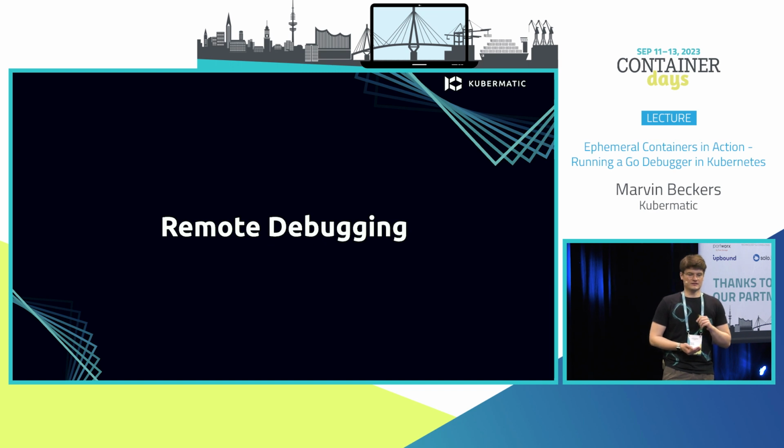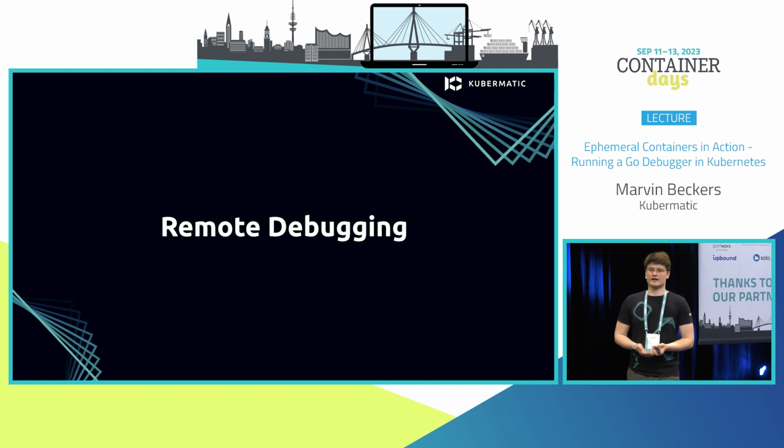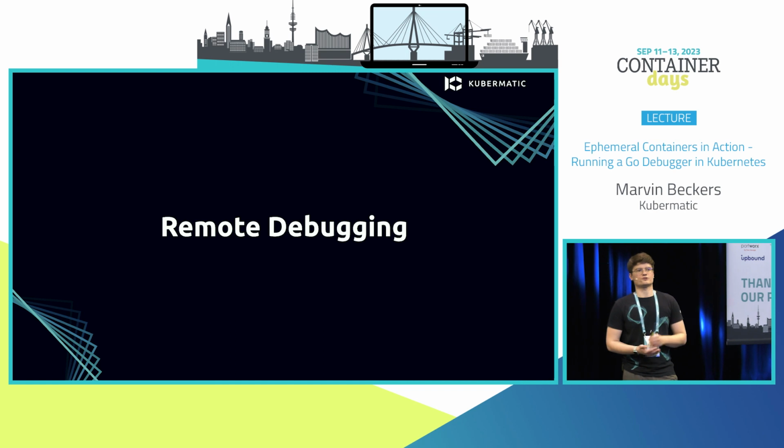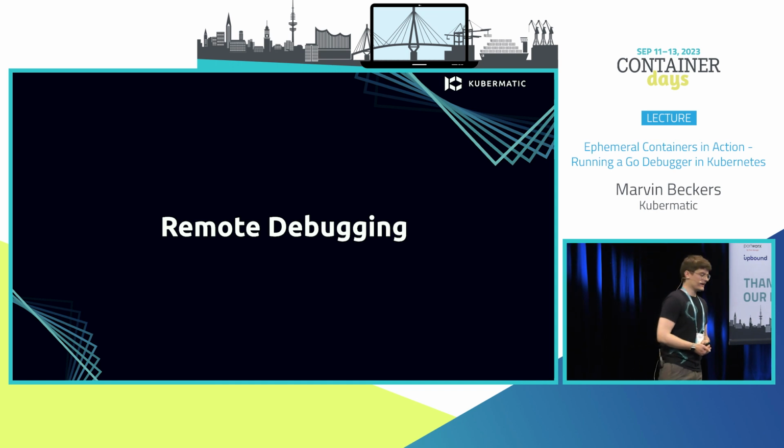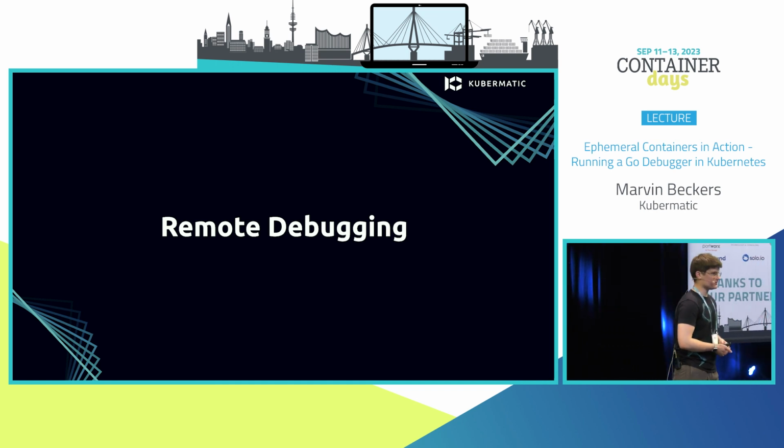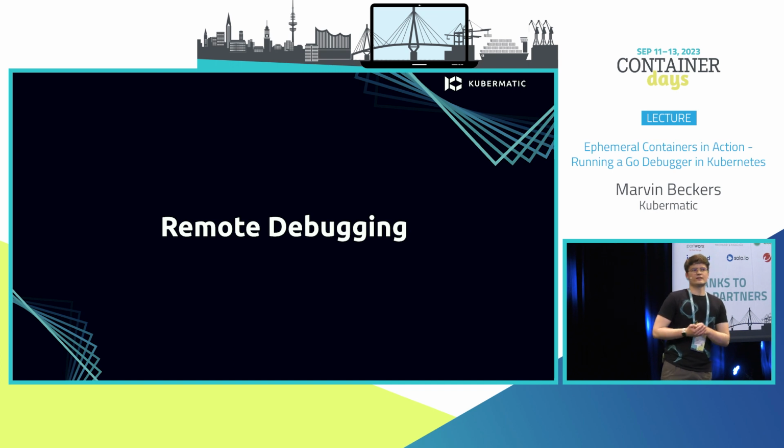And now let's talk about something else, because so far we've been talking about attaching to a process running on the same system. That means I have my Go application running, I log into the Linux server that is hosting that, and then I can debug from there. But we can do a bit better.